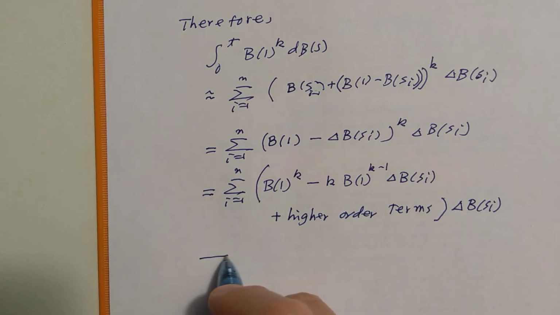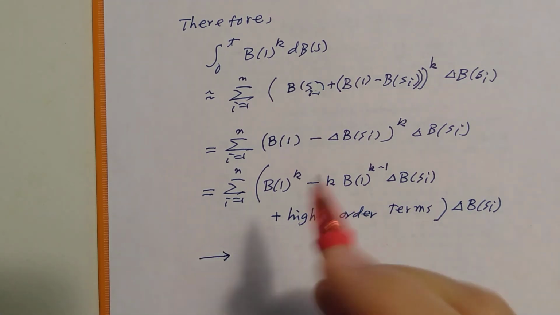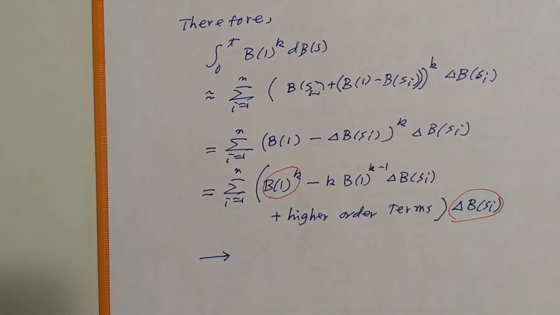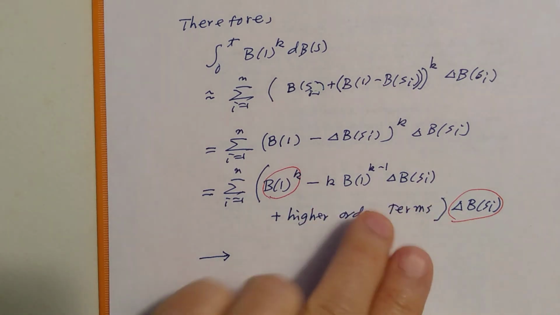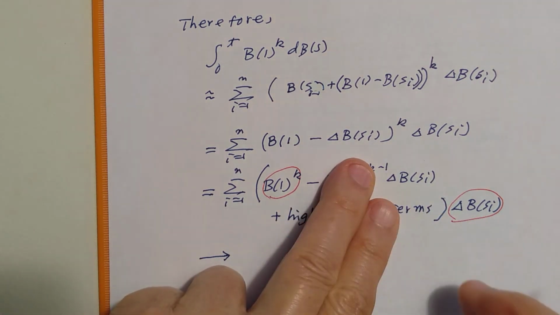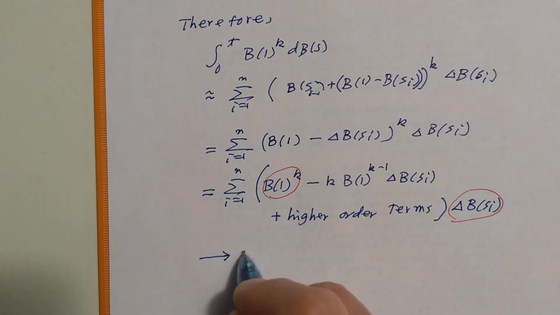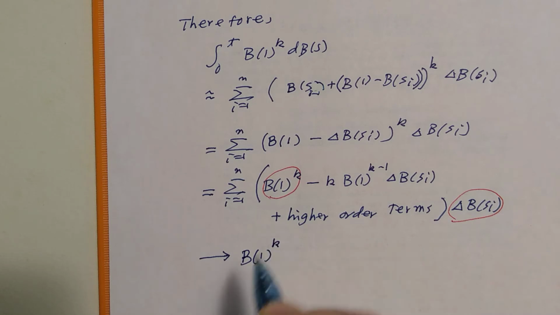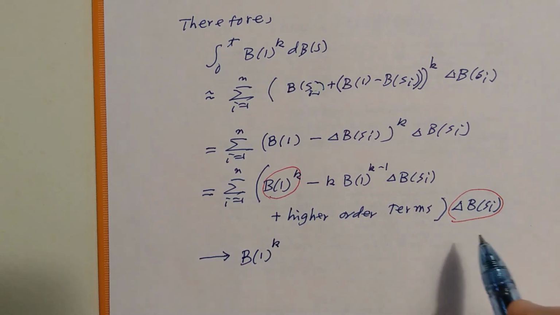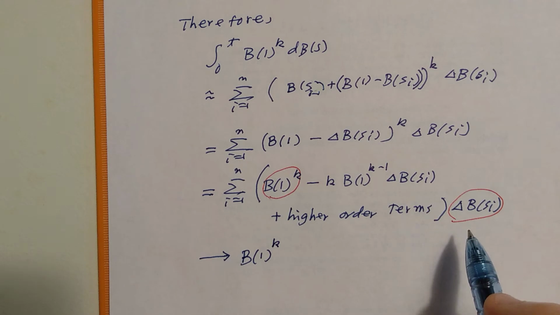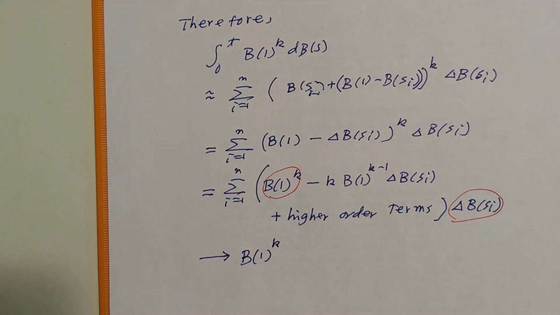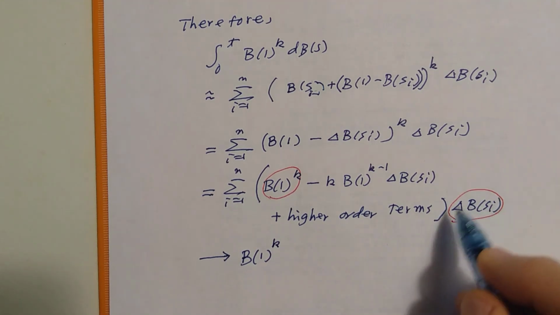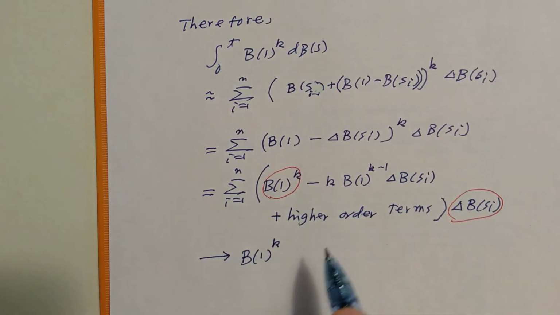And then as n goes to infinity, this goes to the first term and the Brownian motion increment, multiply them together, we cover this. Multiply them together and then sum this up. We get B_1 to the power k and then the sum of the Brownian motion increment, this time from 0 to t.